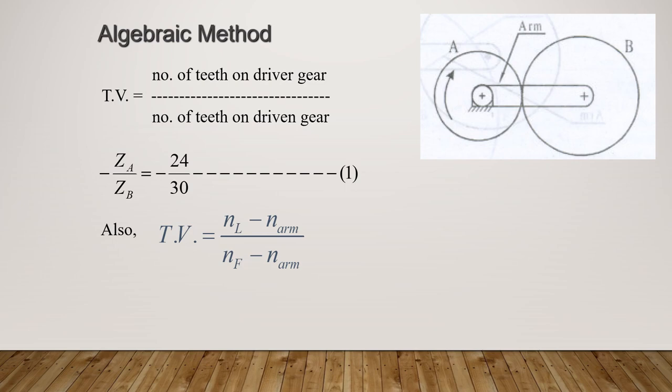So NL is the speed of B: NB minus NR, the speed of B minus the speed of the arm. The speed of B is unknown here, and the speed of the arm is given in the question. Next, in the denominator, NF, the first gear, that is NA minus NR. I have substituted according to this problem: NB minus NR divided by NA minus NR. This is equation 2.